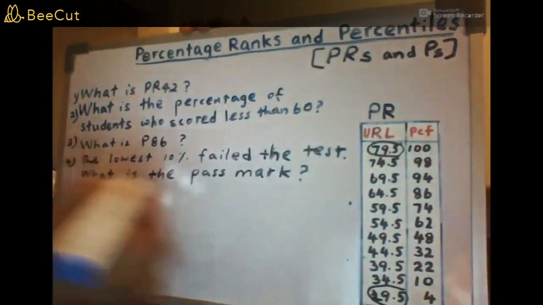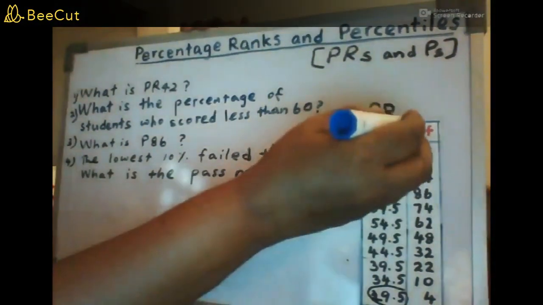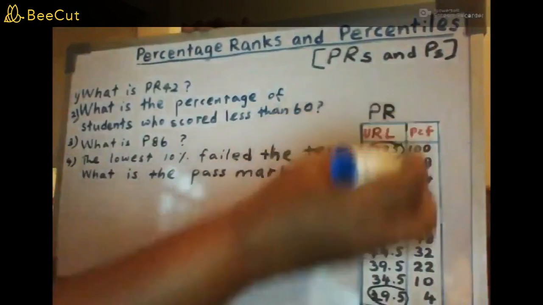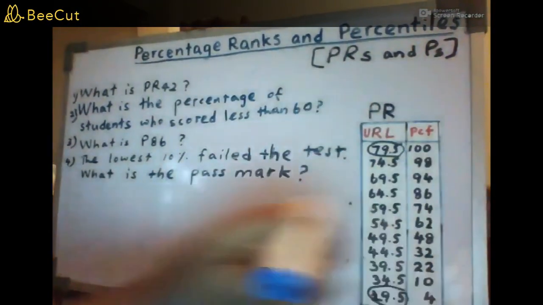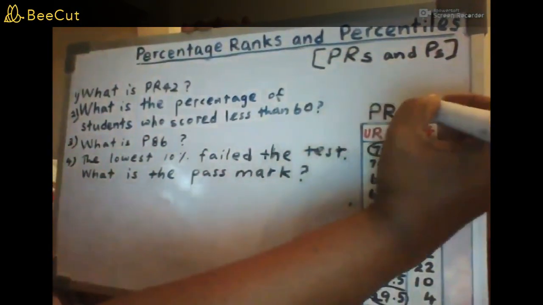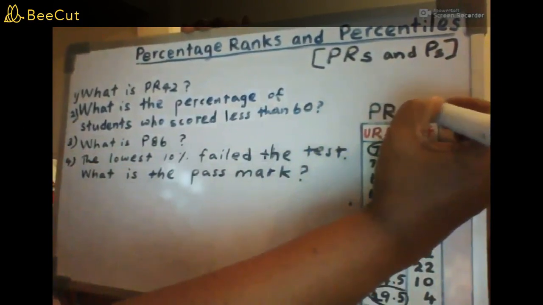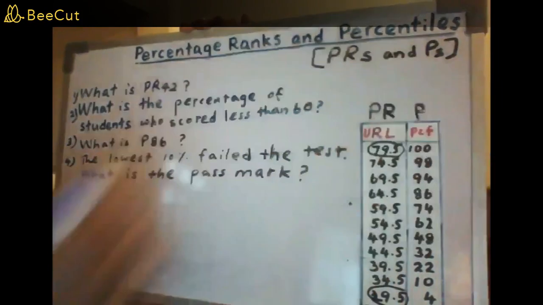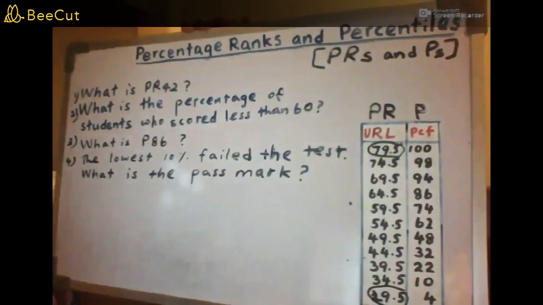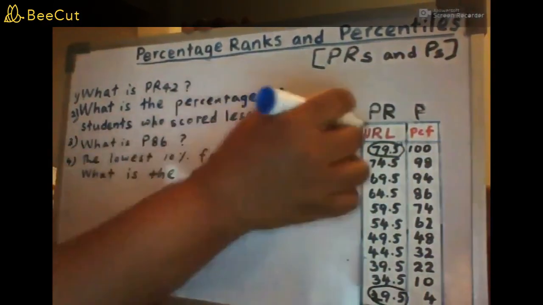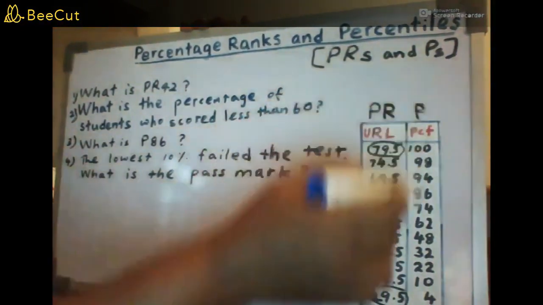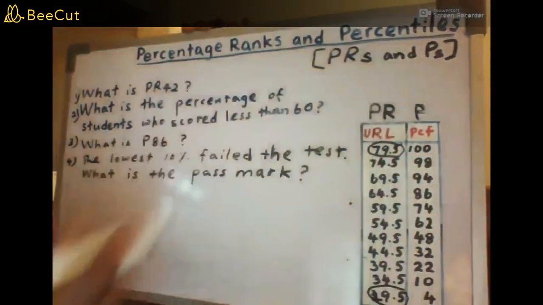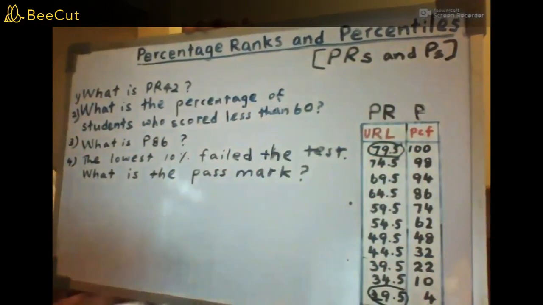On this PCF column, the frequency is the number of students as a percentage, out of 100. And there you write P. That's the first trick that you will have to do. On the marks column, write PR. On the PCFs column, write P, percentages.